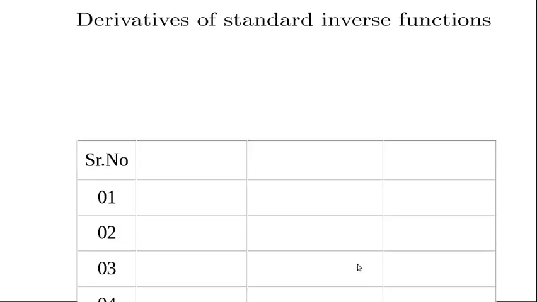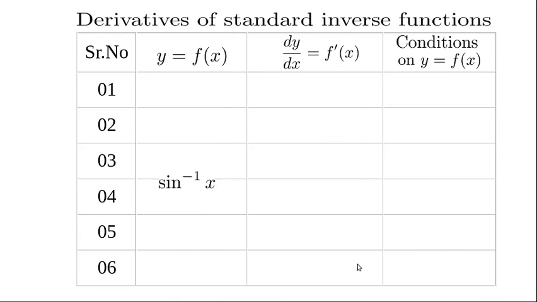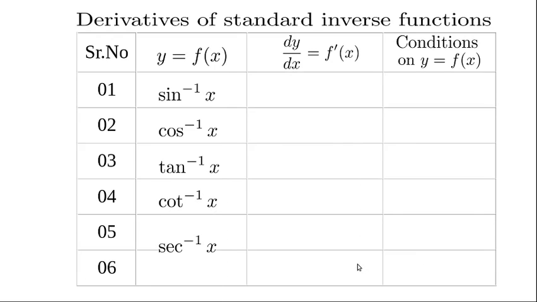Derivatives of some standard inverse functions. Here we have inverse trigonometric functions in the first column, its derivative in the second column, and conditions on y equal to f of x in the third column. If y equal to sine inverse of x, then its derivative is 1 upon root of 1 minus x square.